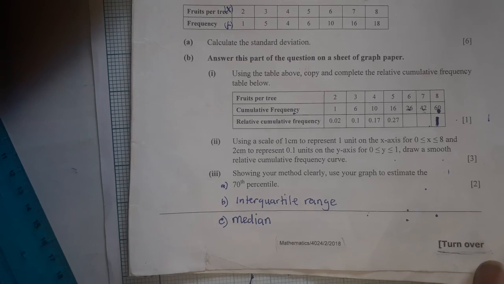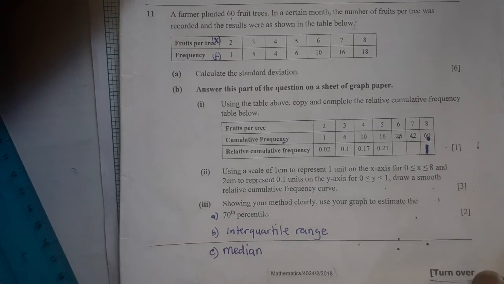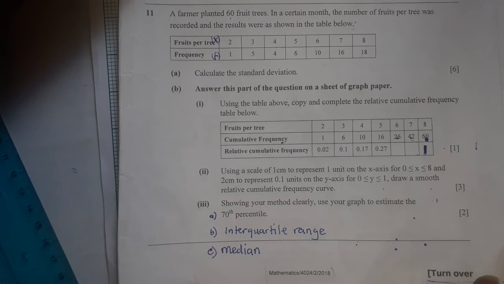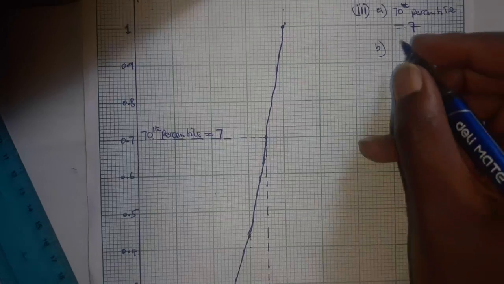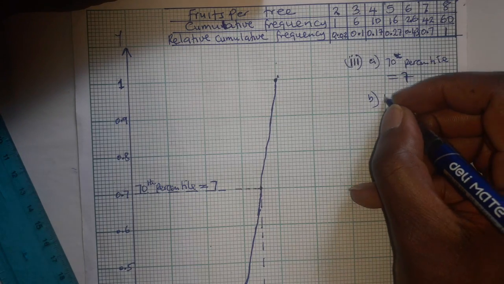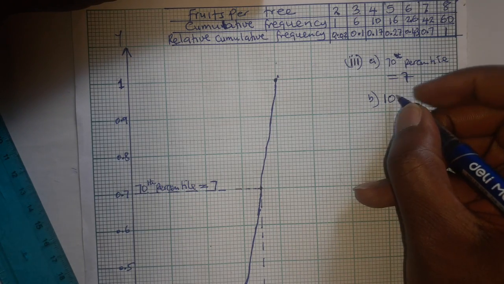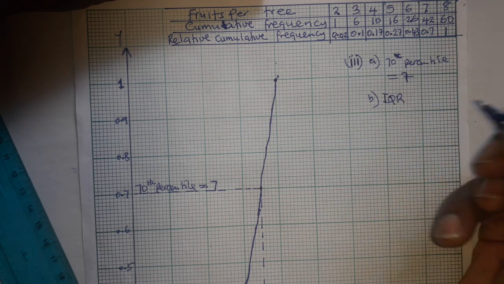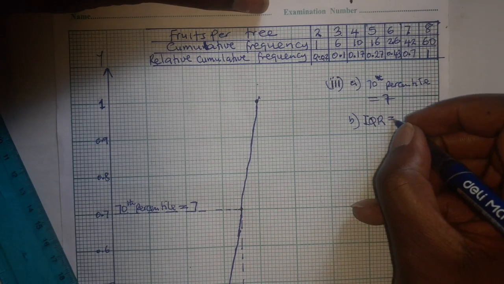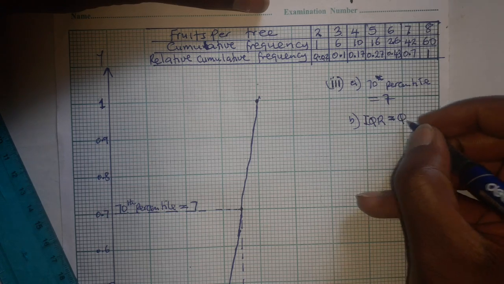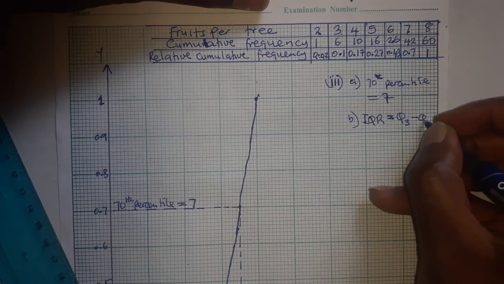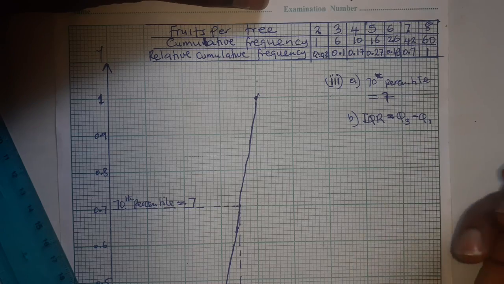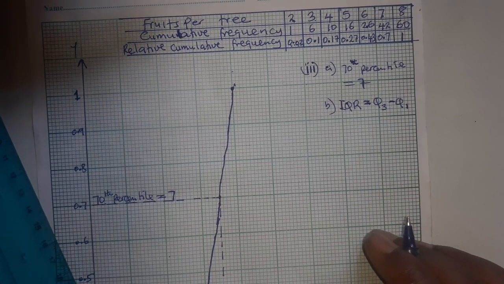Interquartile range. Okay. So what is interquartile range? I'm going to write it in short. Interquartile range is equal to the upper limit minus the lower limit.